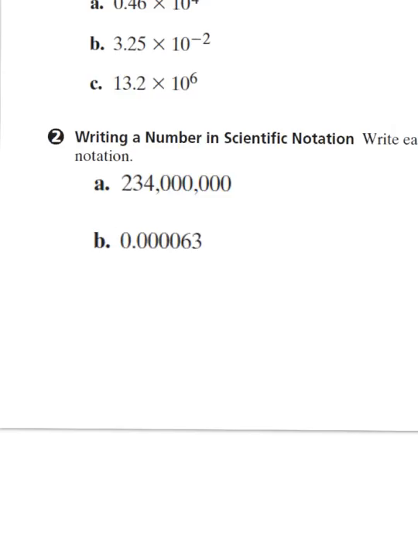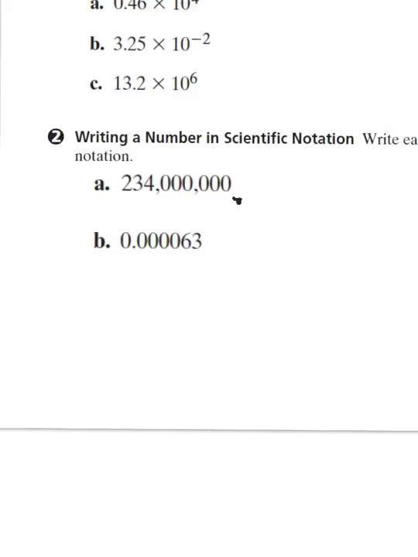So in order to write a number in scientific notation, you need to first figure out where you're going to place that decimal. If we look at this number right here, 234,000,000, our decimal place is right here. We need that decimal place to be moved so that we only have one non-zero number in front of that decimal place.